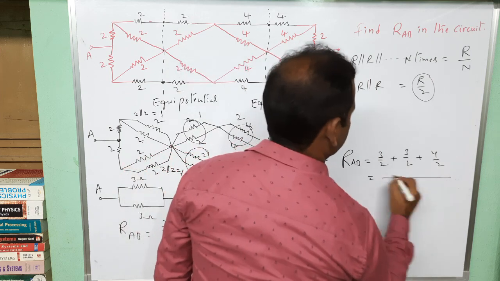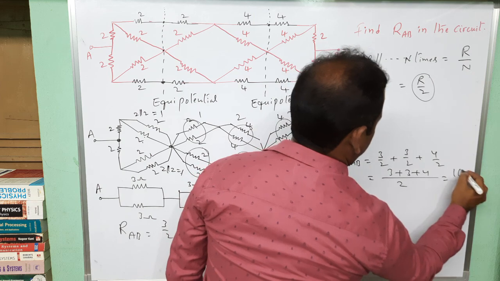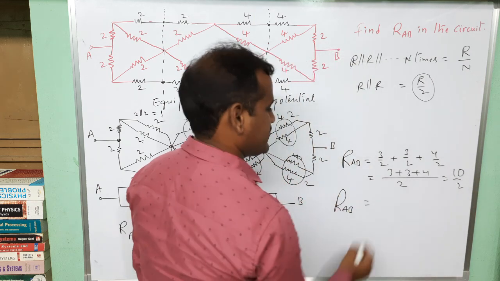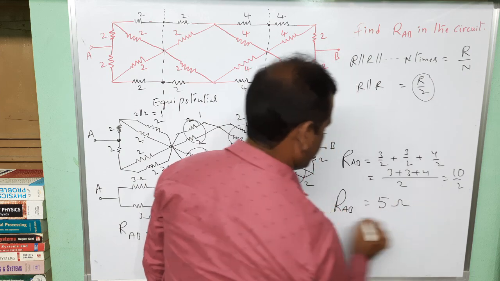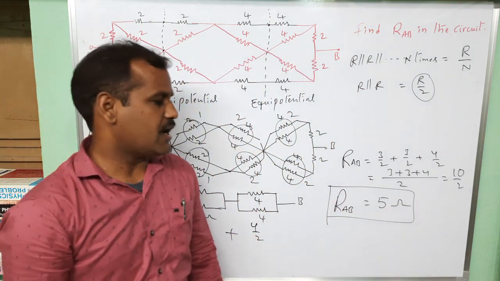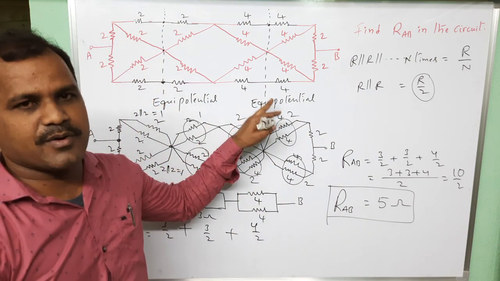That is 3 plus 3 plus 4, 10. So 10 by 2, the equivalent resistance between the terminals A and B in this given circuit is 5 ohms. So finding the equipotential points is the typical task here.